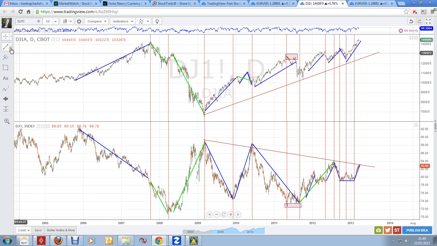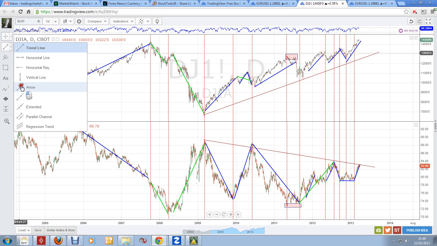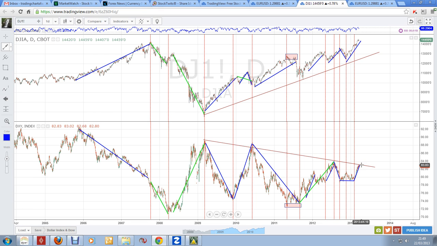You know, could we see a situation where, for example, we find equity market comes down from here and dollar index break out of this downtrend line and just shoot up? You know, is that possible? Or are we going to see the reverse?